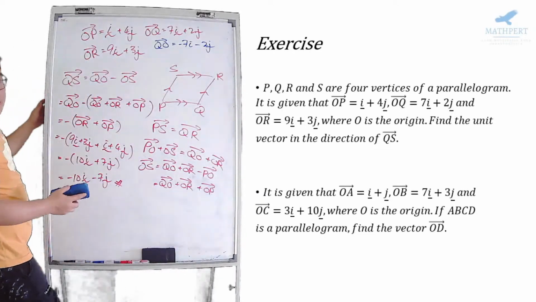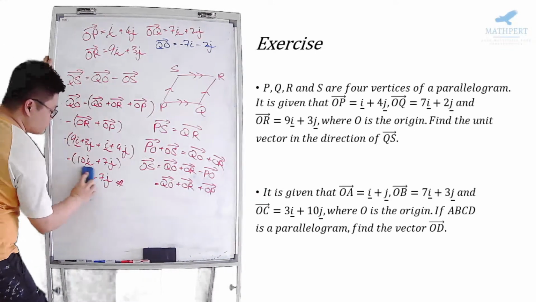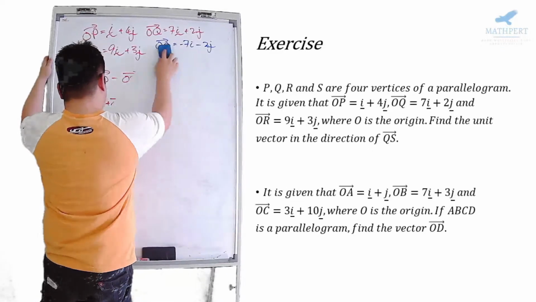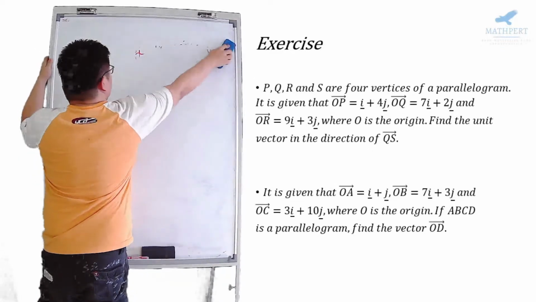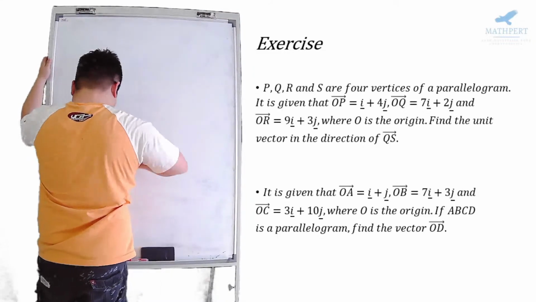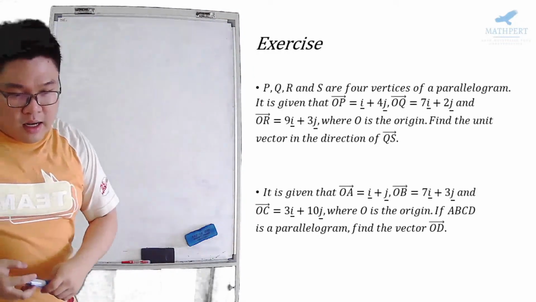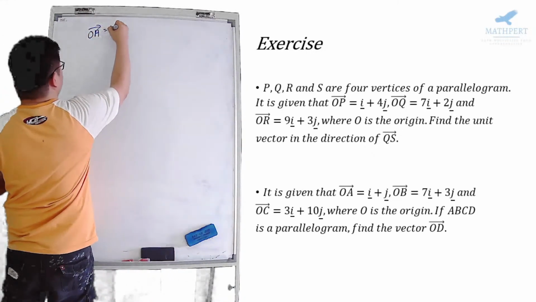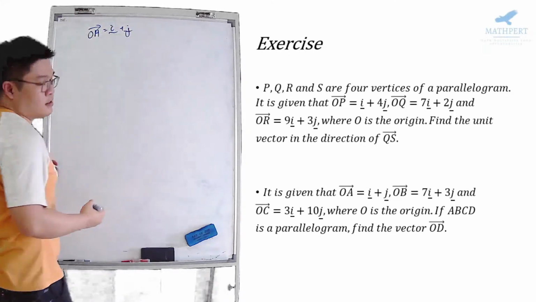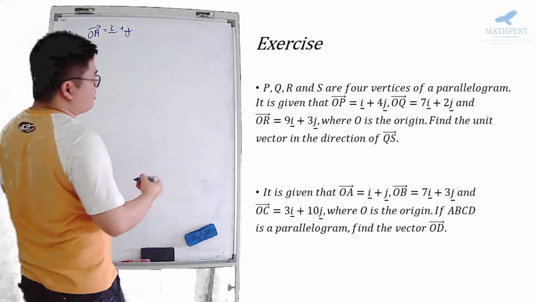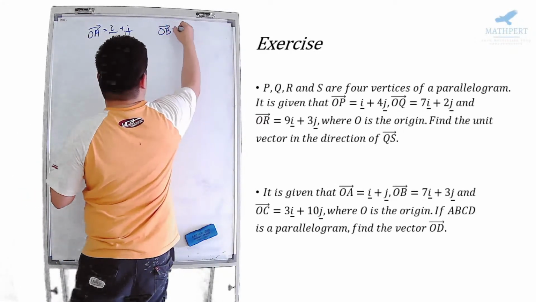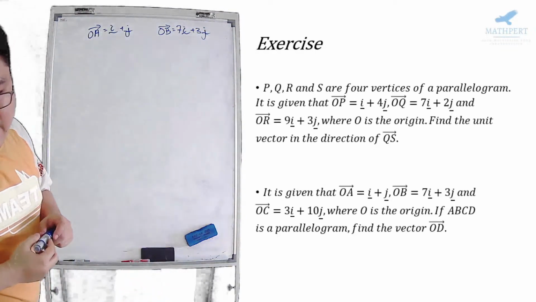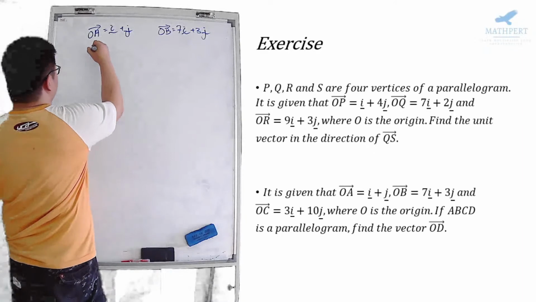Alright, let's look at the next question. It is given that OA is i plus j, OB is 7i plus 3j, and OC is 3i plus 10j.